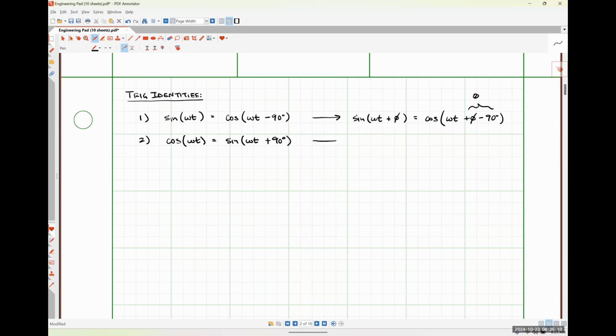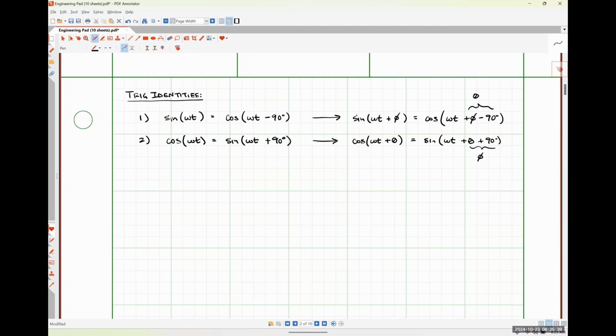Very similarly, we could say that cosine of omega t plus theta is simply sine of omega t plus theta plus 90 degrees, where theta plus 90 degrees is just phi, our net phase angle for our sine function.